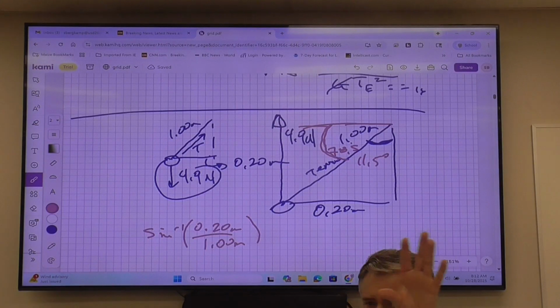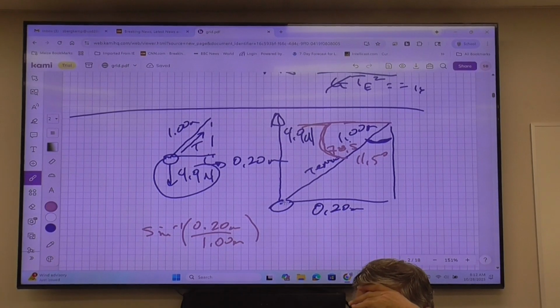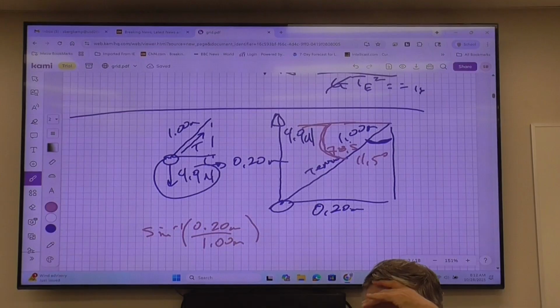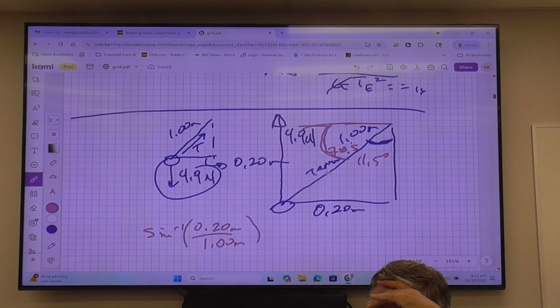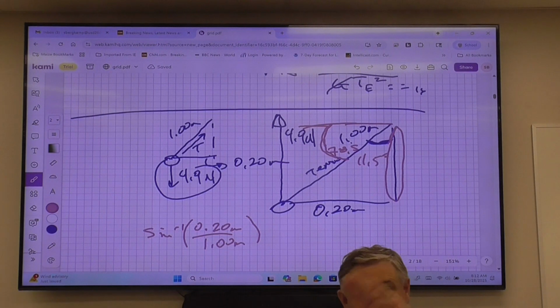Pick the angle that makes the most sense to you. If you want to draw this vertical component out here as 4.9 newtons, and you want to find the tension, work off the 78.5. If you like this angle in here at 11.5, and you want to find this component, which is the exact same thing, it's just how you want to think about it.